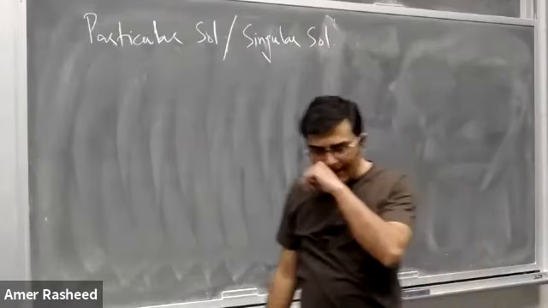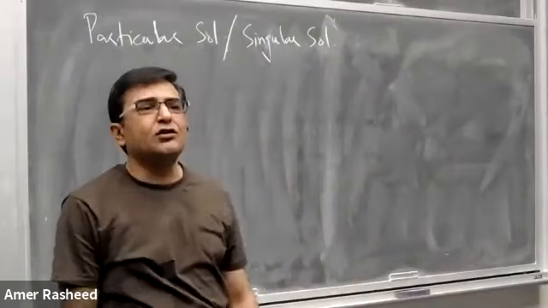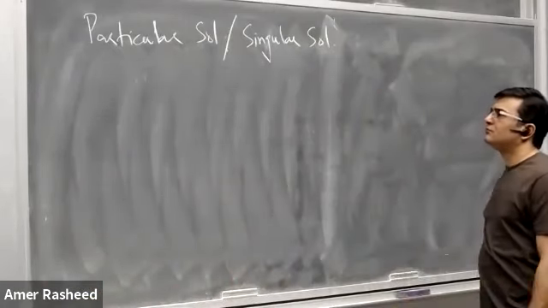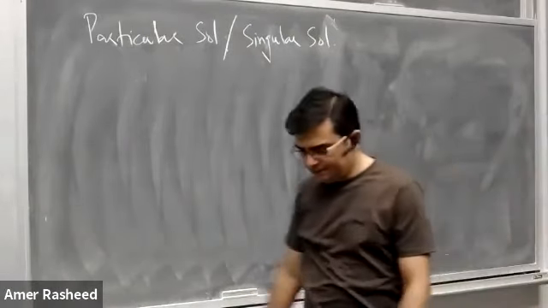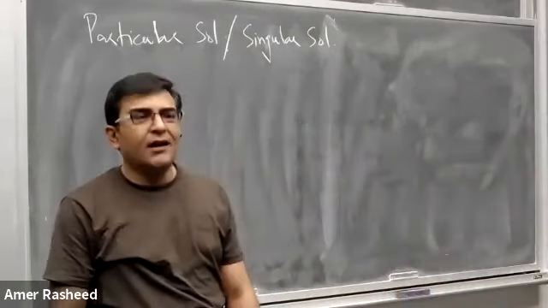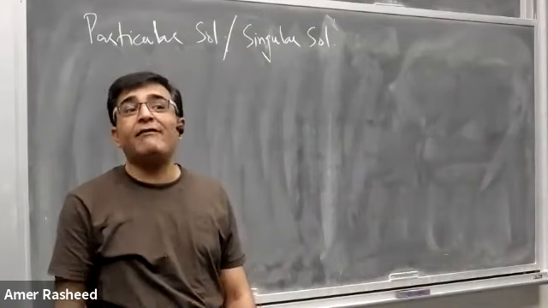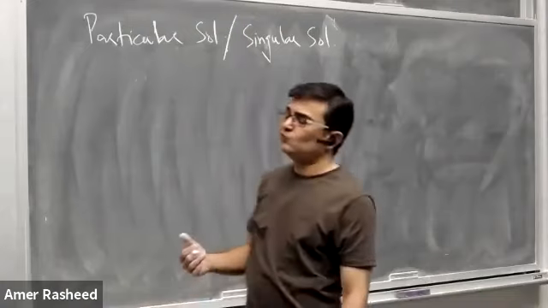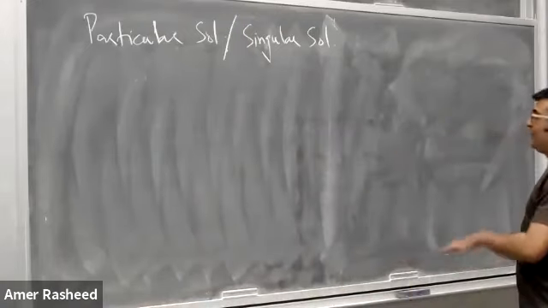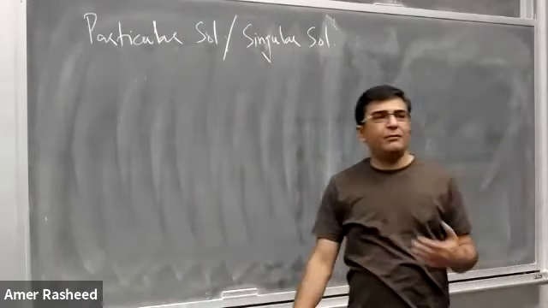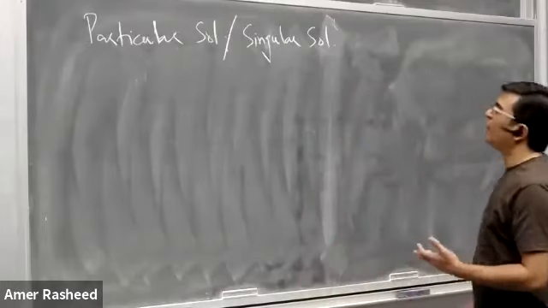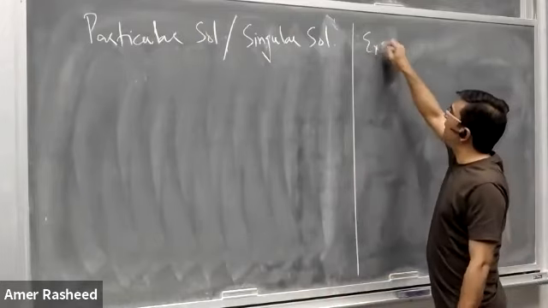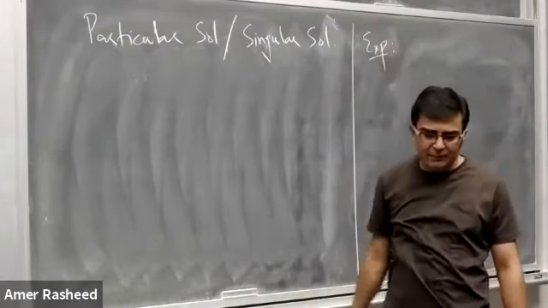Particular solution is a solution which can be obtained by taking some particular value of the constant parameter in that one parameter family of solutions or parameter family of solutions. For example, let me explain this thing to you with the help of an example.